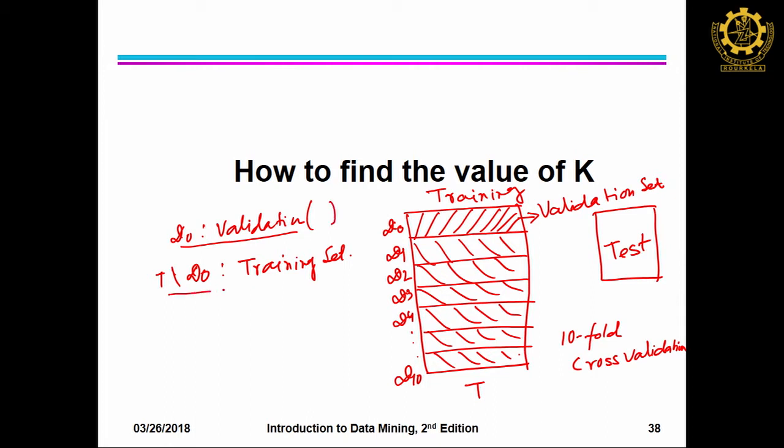Let us say there is an object x 0 0, block number 0. You know the class level because it was in the training data set, while D1 to D10 will act as the training data set.